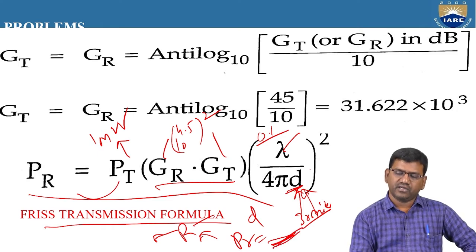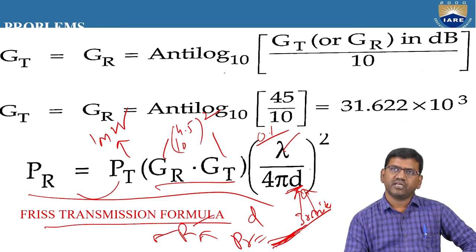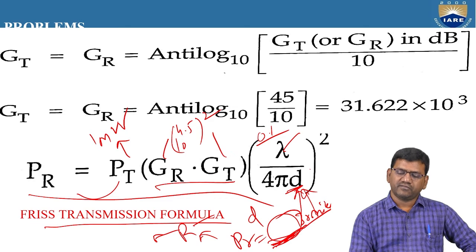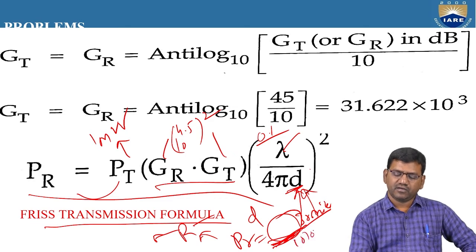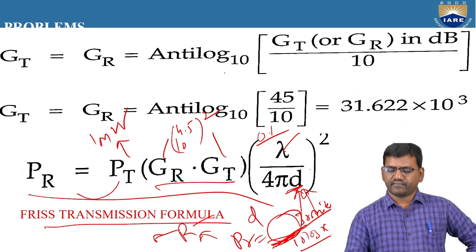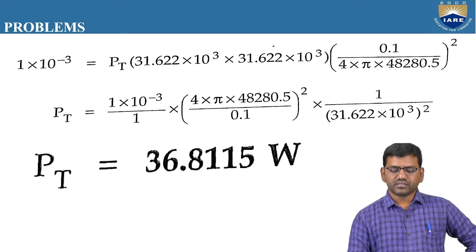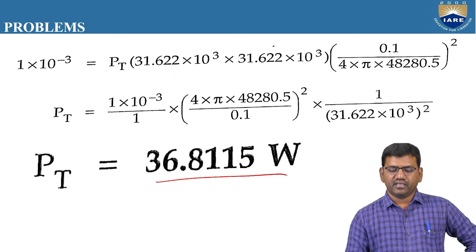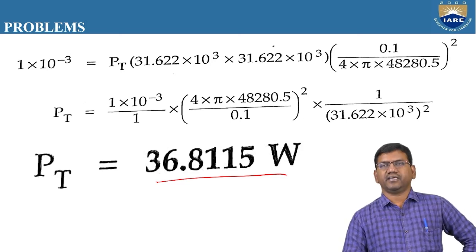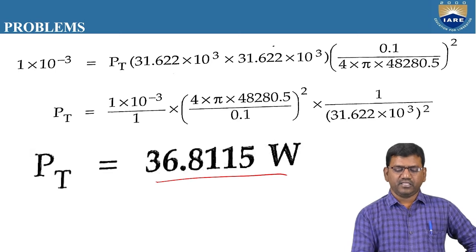After getting the decimal value, you need to convert this decimal value into dB. That means whatever value you get for power received has to be converted into dB again, like 10 log x. You need to multiply with 10 log x. If you simplify and substitute all the parameters given in the problem, you will get the power transmitted.